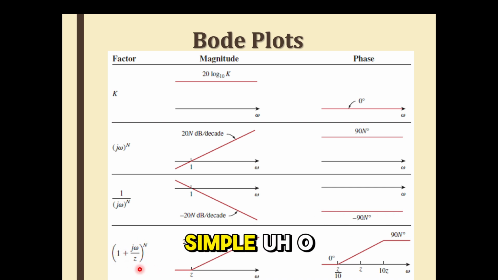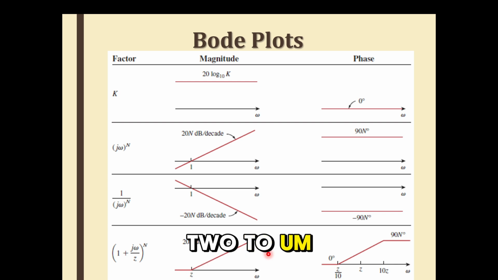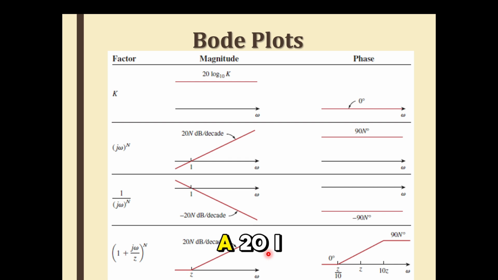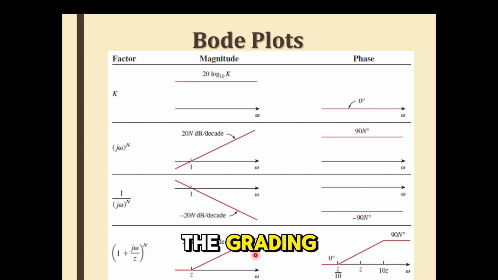And then you have a simple zero like this, meaning this z will be the starting point, and you'll have 20 dB per decade. At 20 you should have the gradient. The next point should stop at the gradient 20.